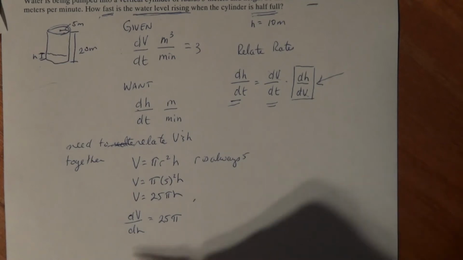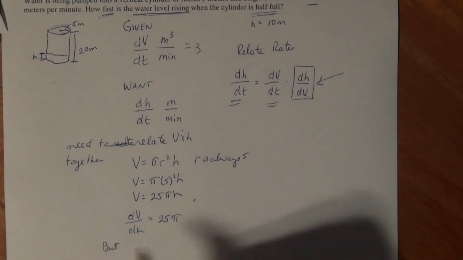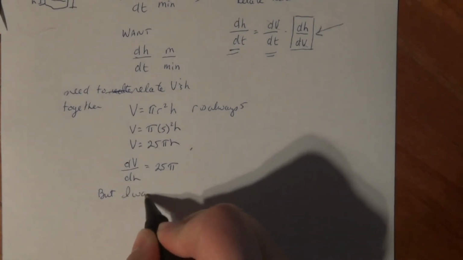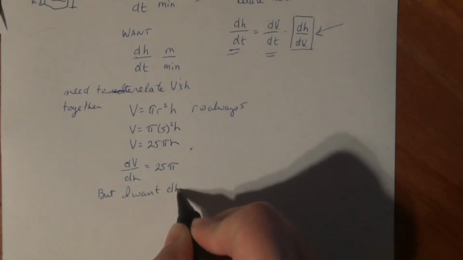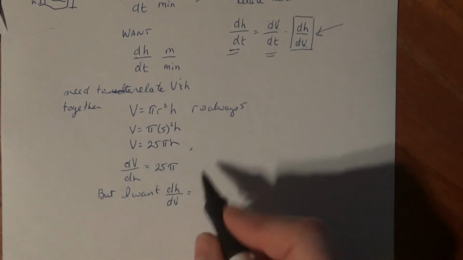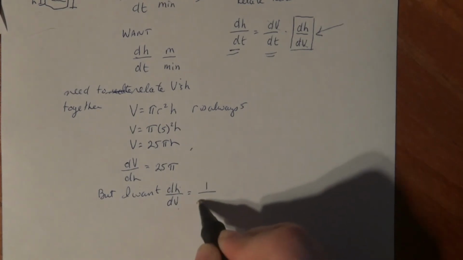But I want dh/dV. Well, if dV/dh is 25 pi, then dh/dV is 1 over 25 pi.